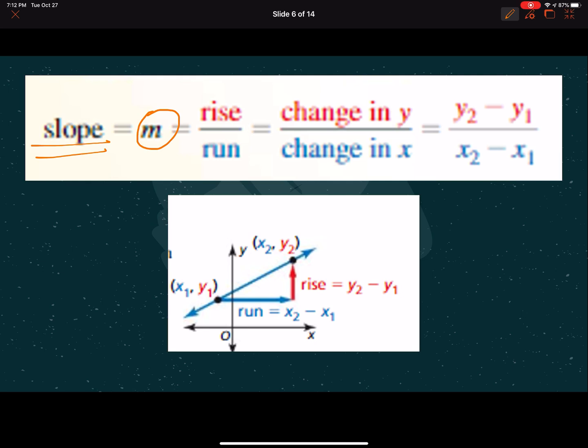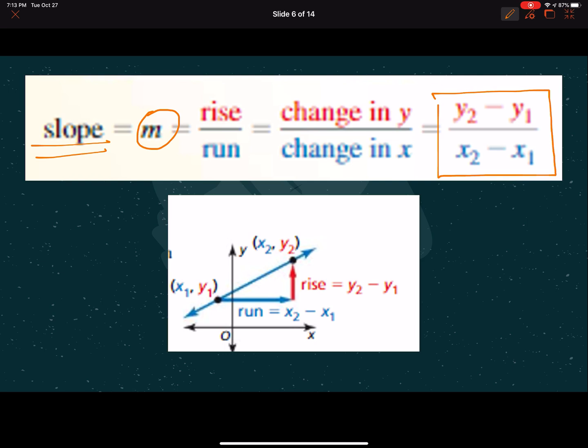The change in y divided by the change in x, or you can think about it like a ratio or rate of change. The formula to calculate slope when we have two sets of ordered pairs is y sub 2 subtract y sub 1 divided by x sub 2 subtract x sub 1.